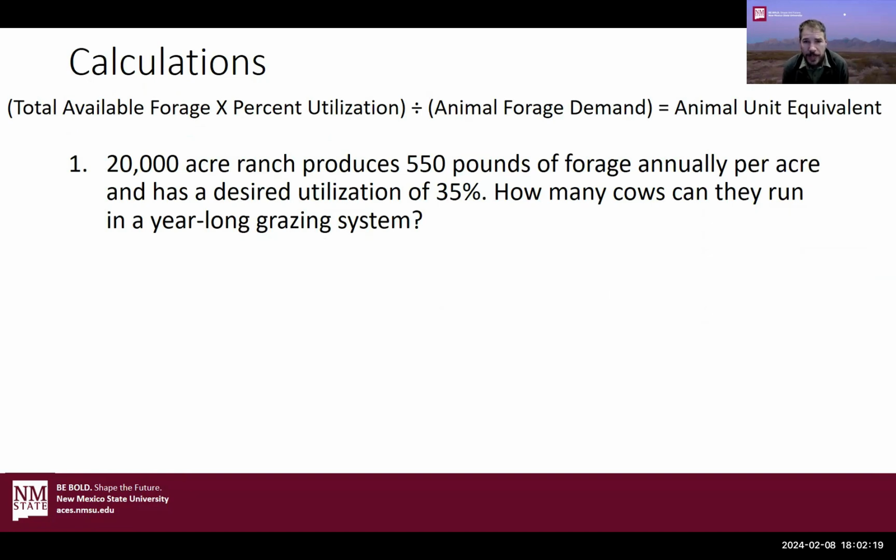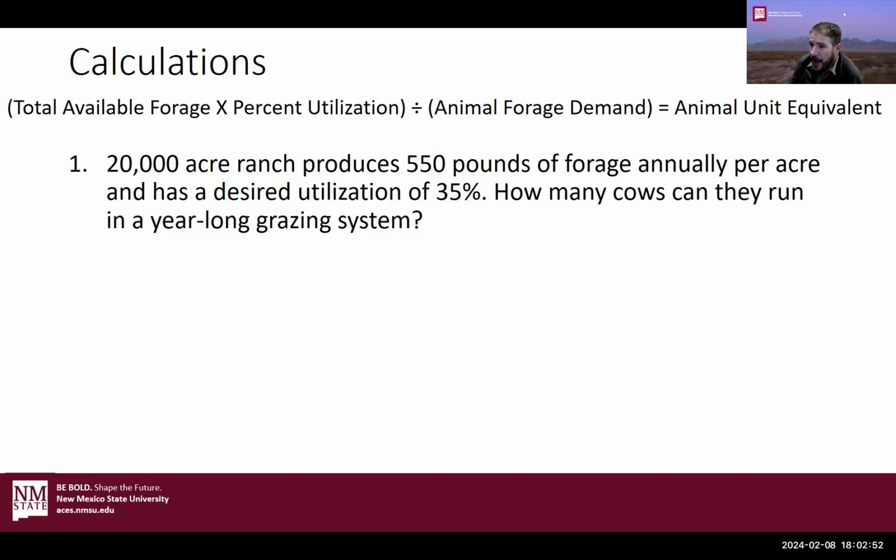So we've got a 20,000 acre ranch that produces 550 pounds of forage annually per acre and has a desired utilization of 35%. What we're trying to get at is how many cows we can run in a year-long grazing system. I've given you some key information. We need total available forage, and percent utilization, which is 35%.